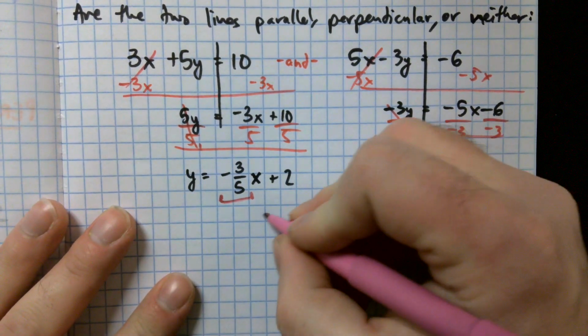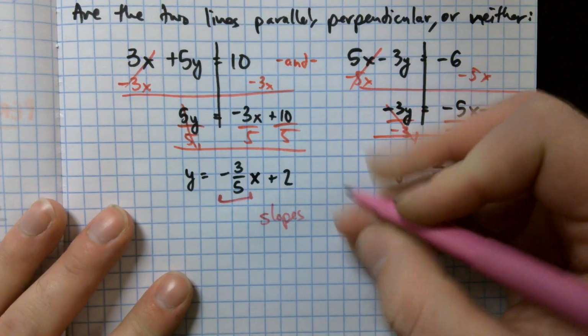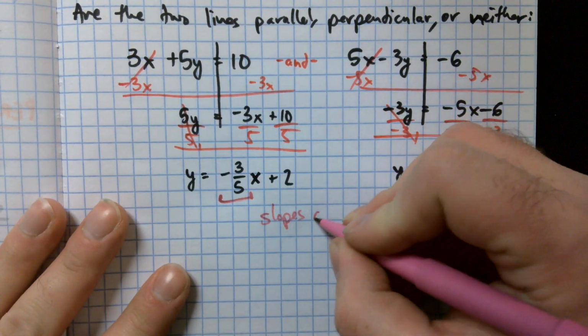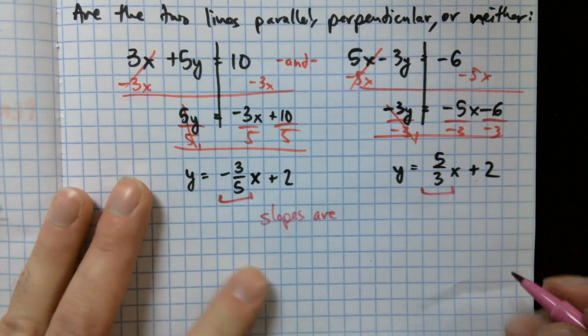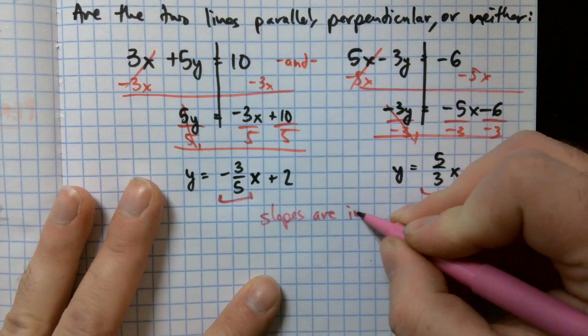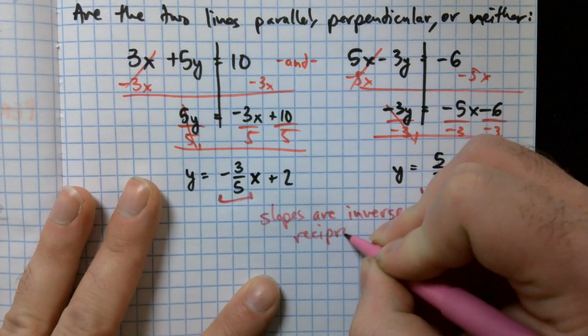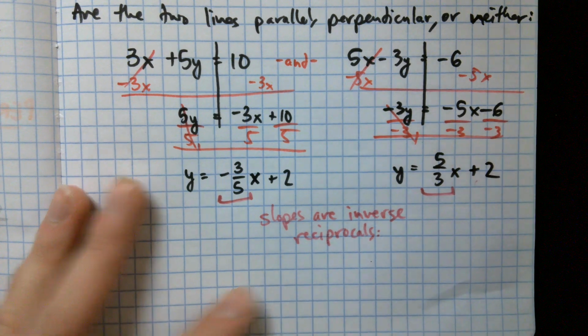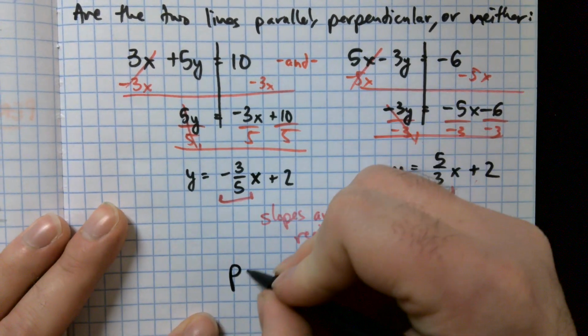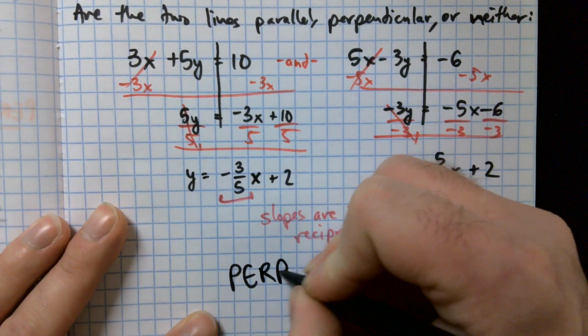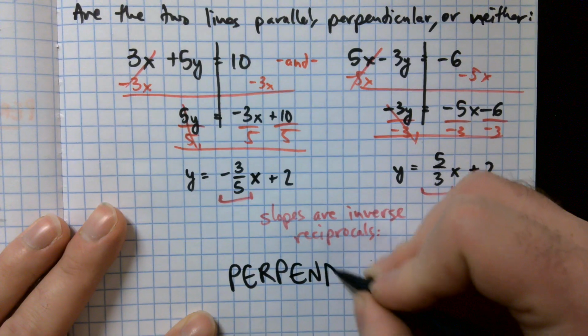That's right, my slopes. Matthew, you were talking about the slopes specifically, right? Great job. So my slopes are inverse reciprocals. So these are parallel. Just kidding. Perpendicular.